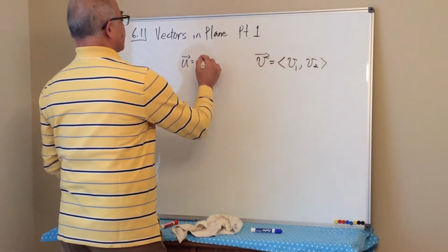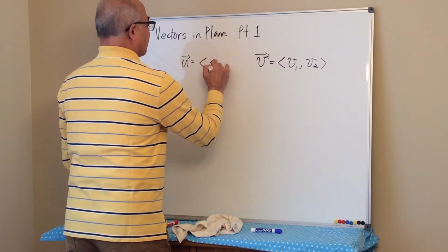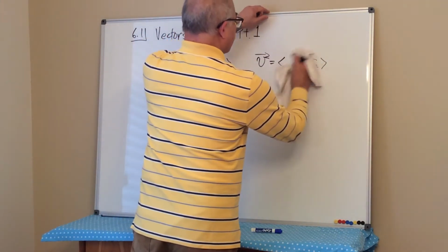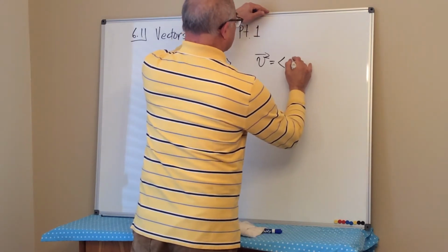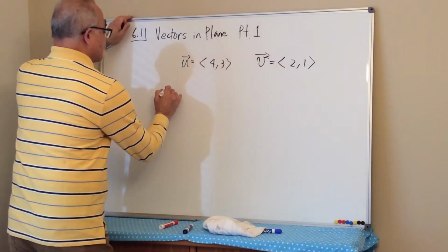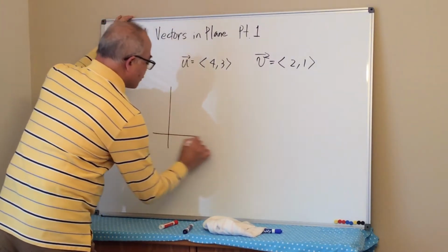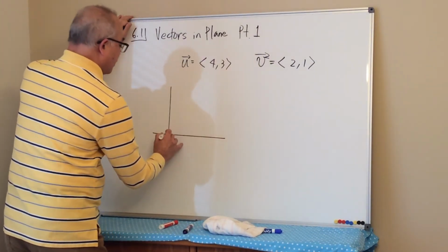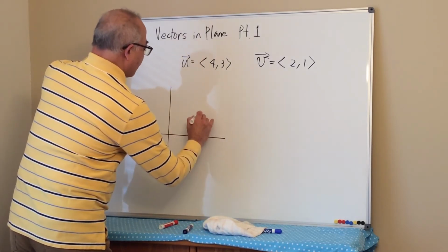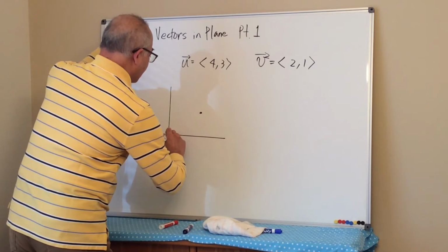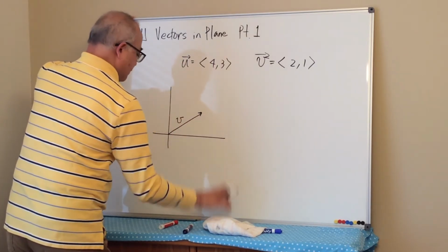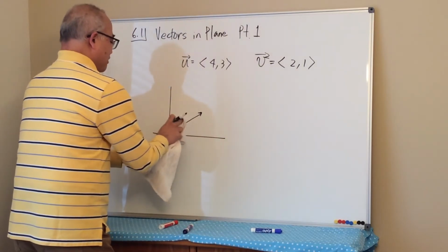We'll say this is (4, 3), and then the v vector is (2, 1). Okay, so let's draw the u vector starting from the origin, and we go 4 and 3, so it's going to look like this. This would be the u vector.